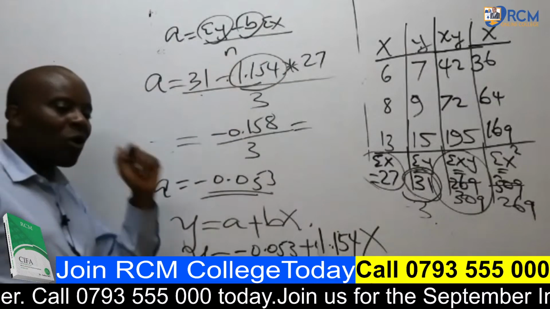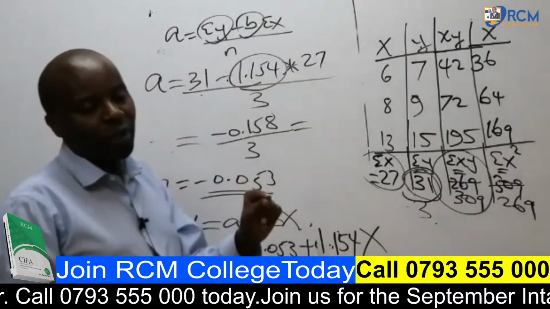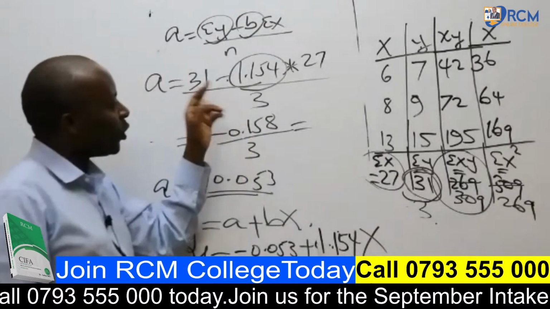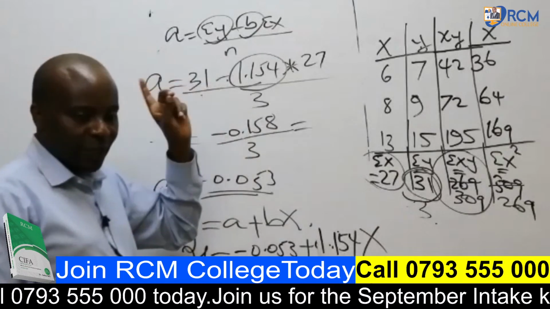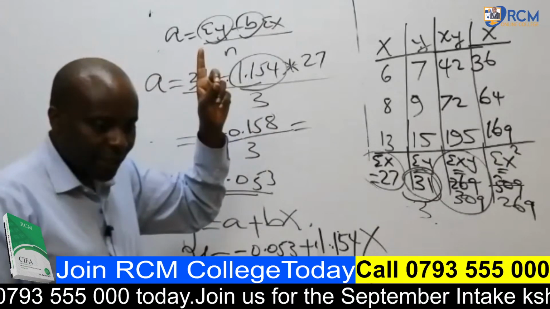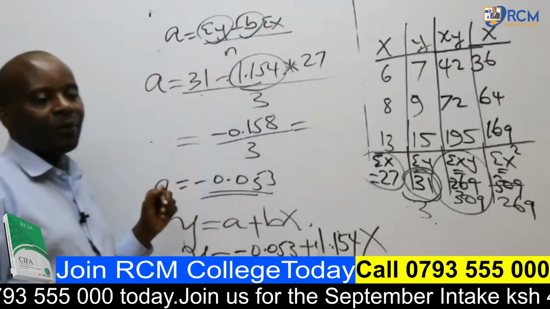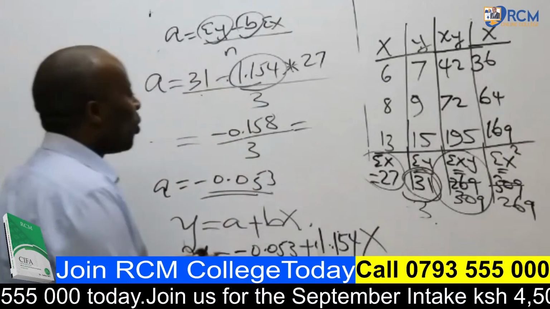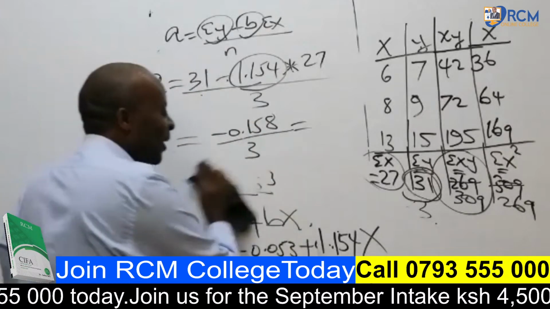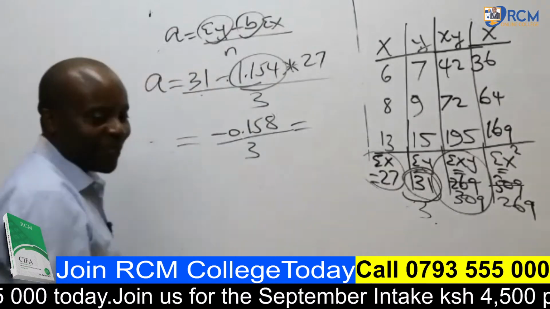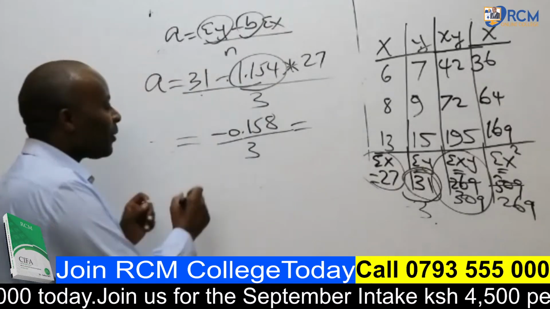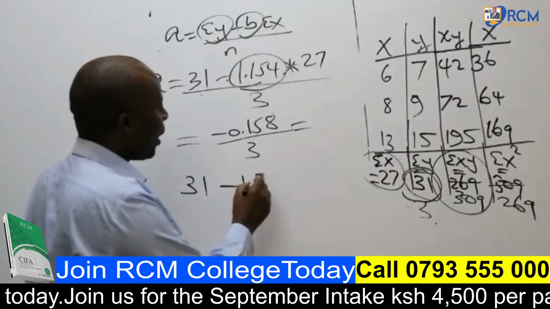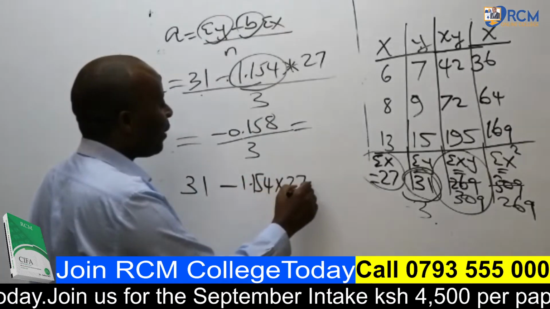3. Fatima, you have made a mistake, you have not worked out the numerator separately. You must work out the numerator separately on your calculator. Say the numerator is 31 minus 1.154 times 27, equals. Fatima, please, I have marked CASNEB exams for so long, and I know the biggest mistake that students make. You will find many students, even Fatima, if she opens up honestly, type on the calculator 31 minus 1.154 times 27, then divide by what?